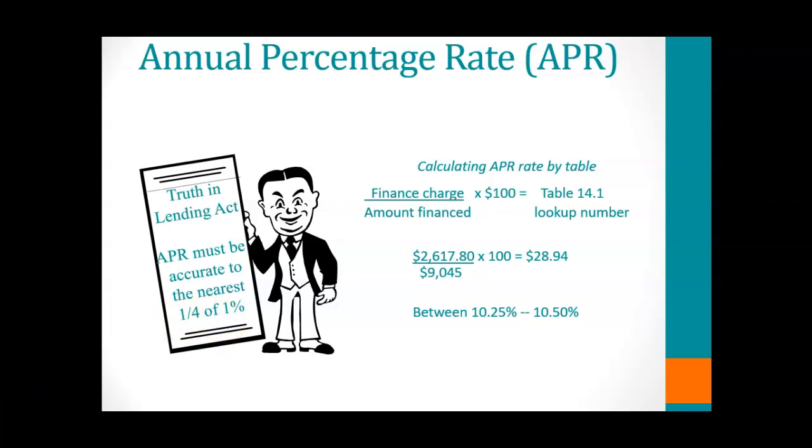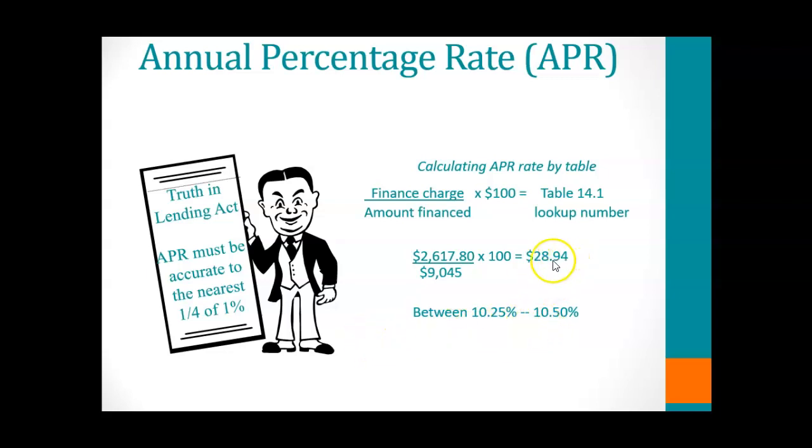So it may not be 100% accurate with the rate they give you, but that rate has to be accurate to the nearest 1/4 of 1%. So we're saying for this example that the APR is between 10.25% and 10.5%.